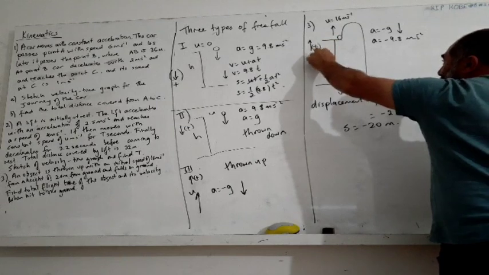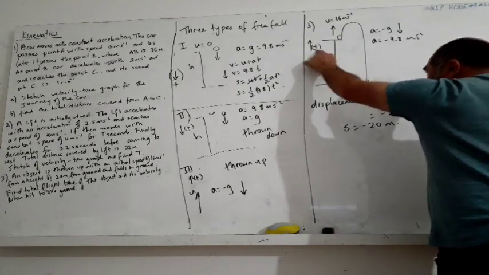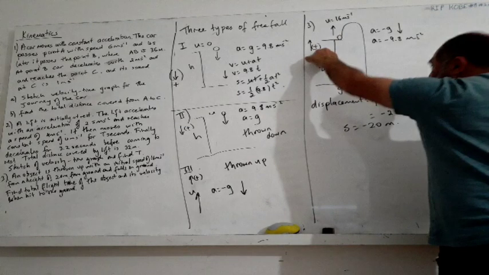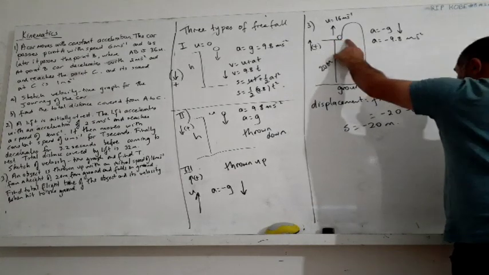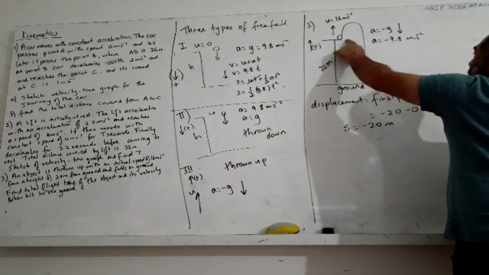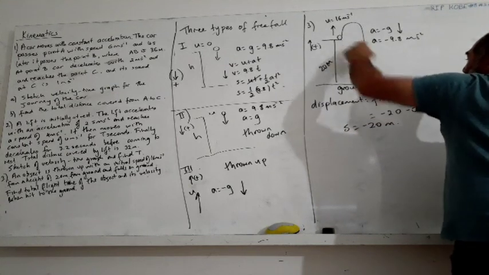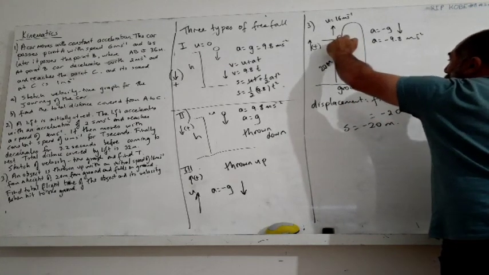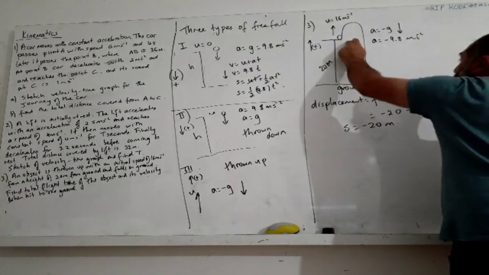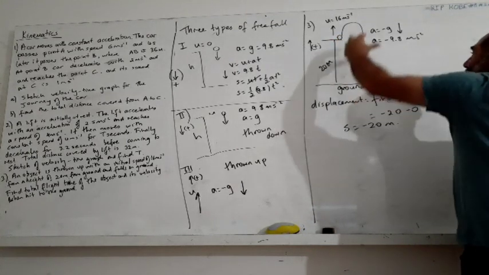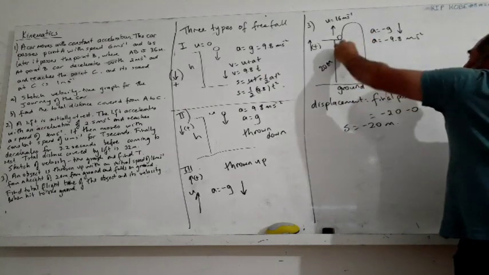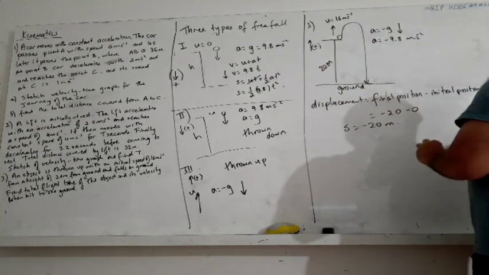When we check the final position, that final position is 20 meters below the initial position. Being below is negative. Because going up is positive, so going down must be negative.